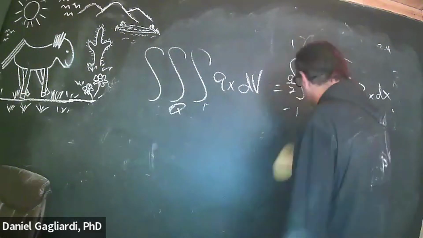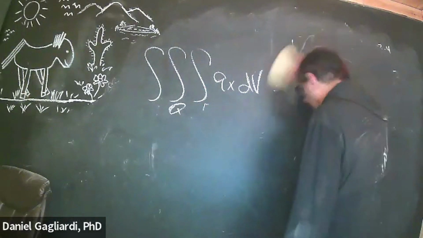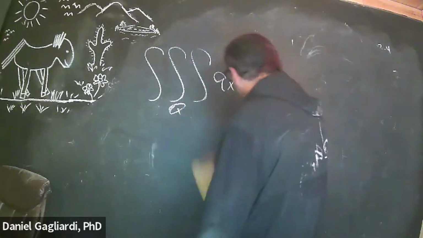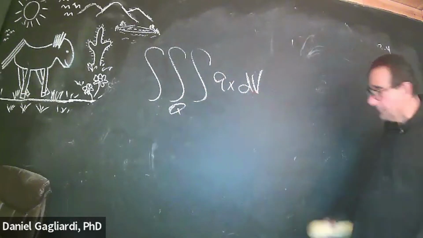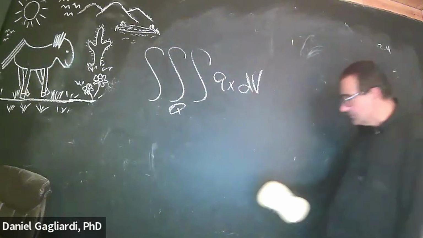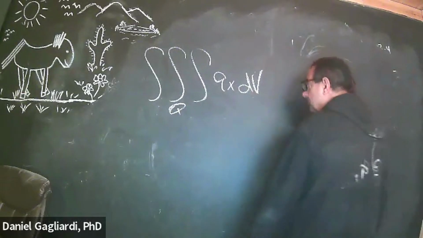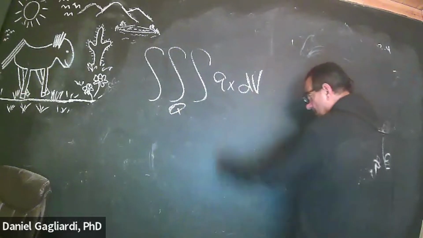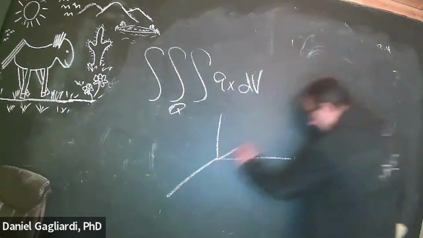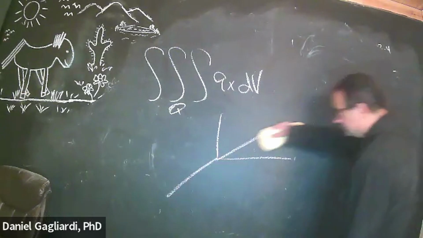I think we could have figured that out, actually, because let's go back to the original problem. It's the triple integral of 9x. Think of that as, like I said before, some sort of temperature function. Let's remember what we were integrating. What was the object that we were looking at? We were looking at this cheese wedge.